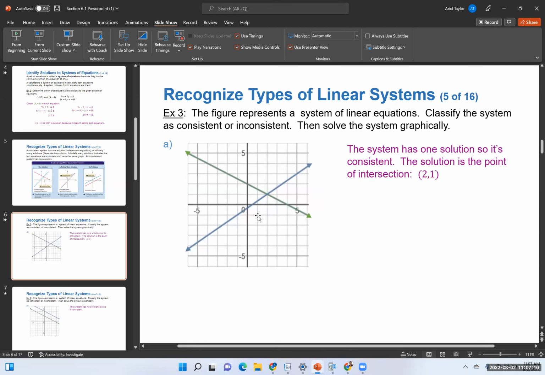And in fact, the solution is here. We can see it on the graph graphically. It's 2, 1. We don't need to use a calculator for that one because all we're doing is looking at it. Where do they cross? They cross at the point 2, 1, so that's your solution. Any questions about that?